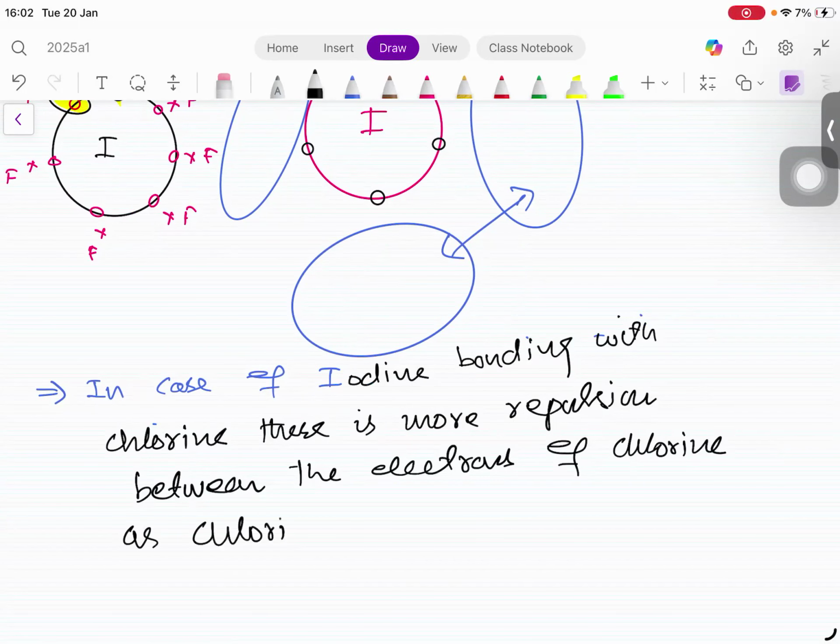Phenomenon known as steric hindrance. Hence, cannot form ICl7, unlike fluorine, IF7.